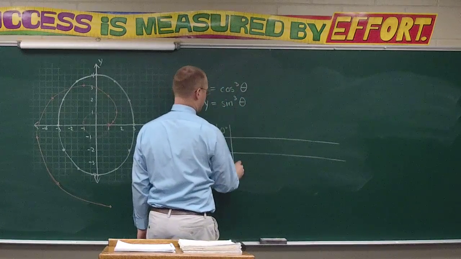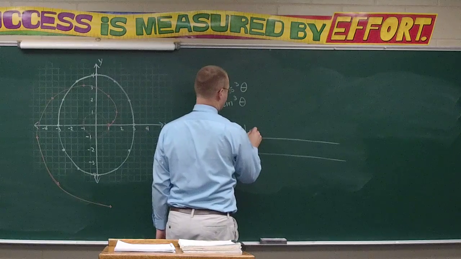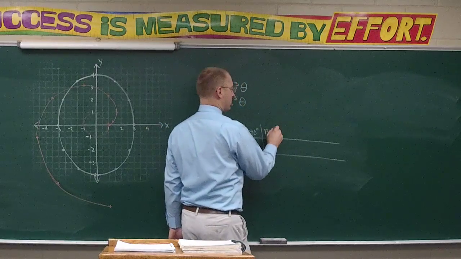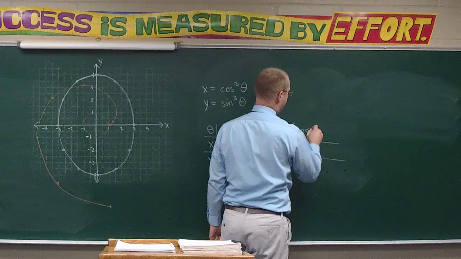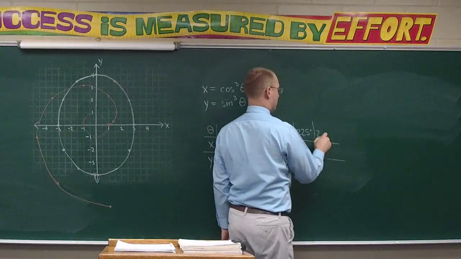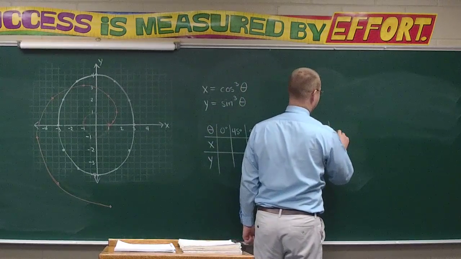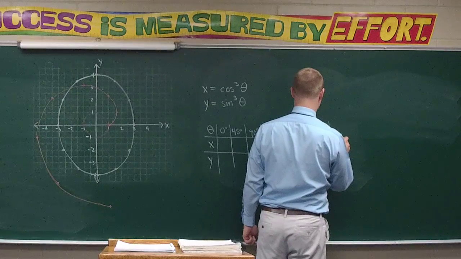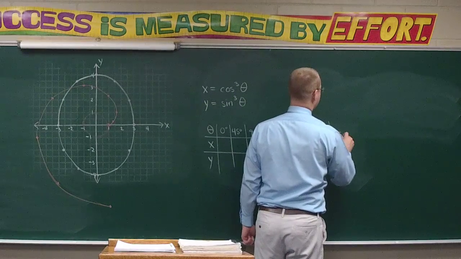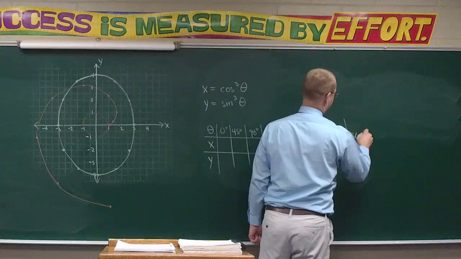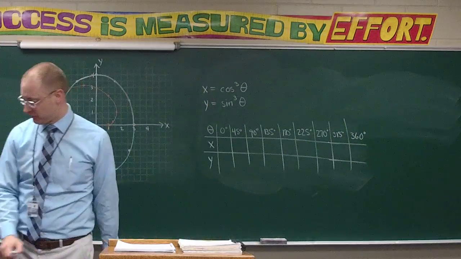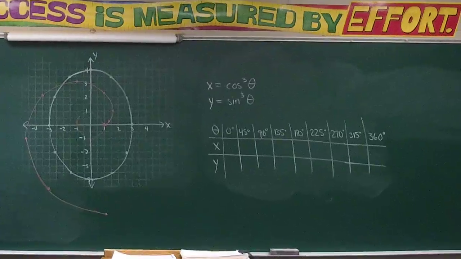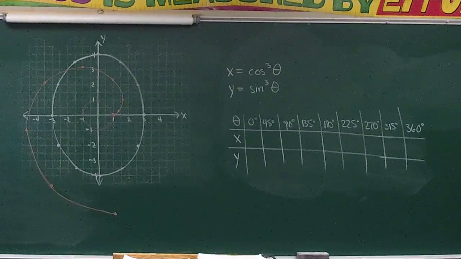So 0 degrees, 45, 90, 135, 180, 225, 270, 300, 315, and 360. Zoom in a little bit more here.